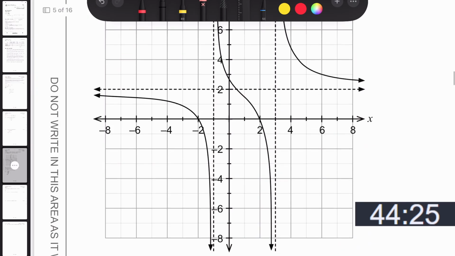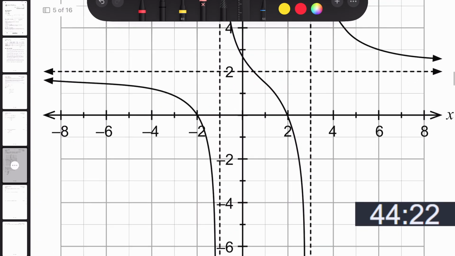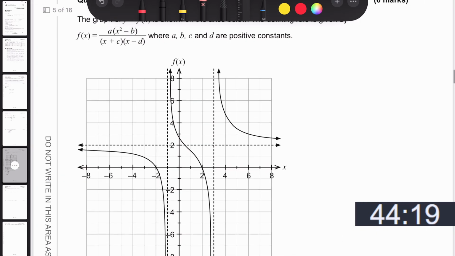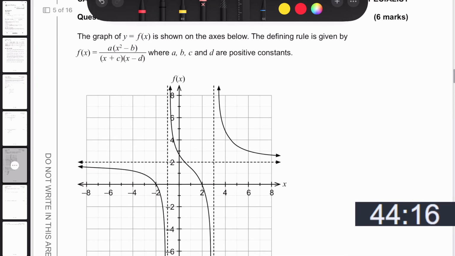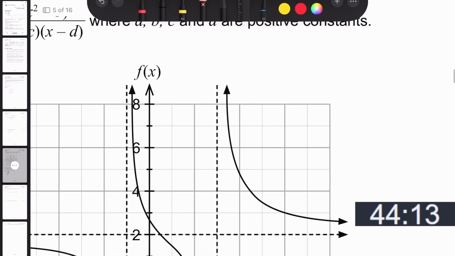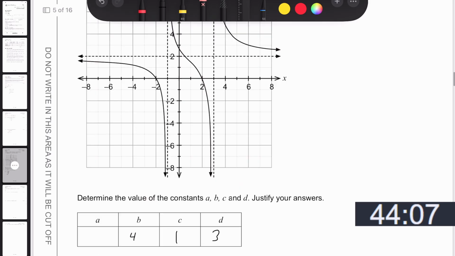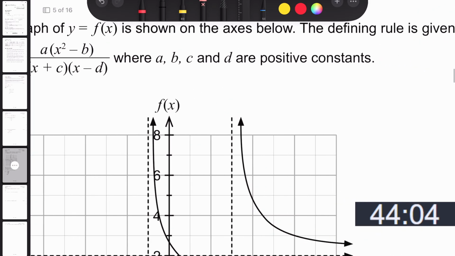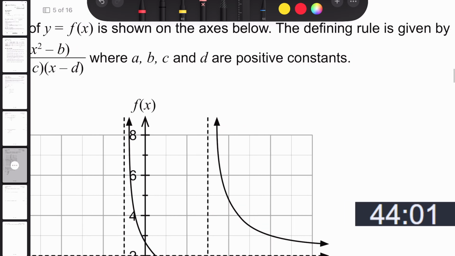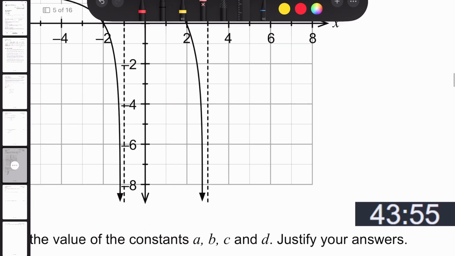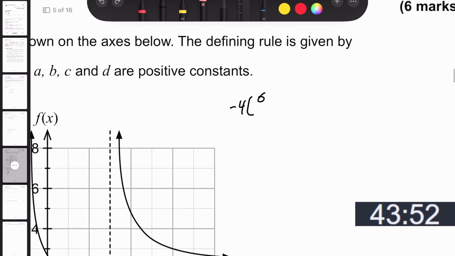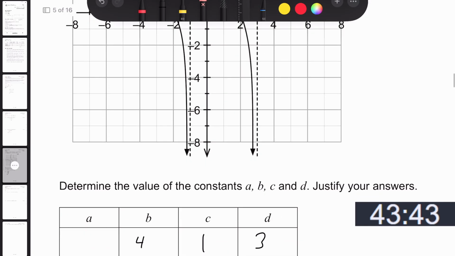That seems like a very odd number. So when x is 0, that's going to be negative 4a, so 63 on 32, all over c times d, which is 1 and 3.